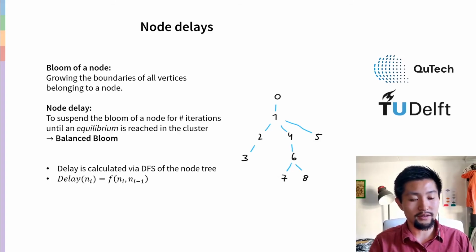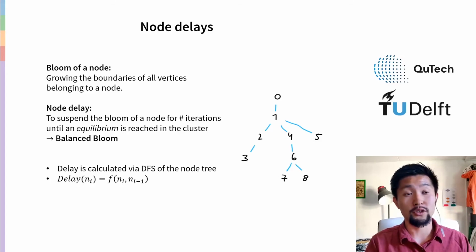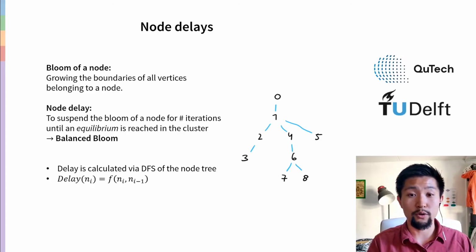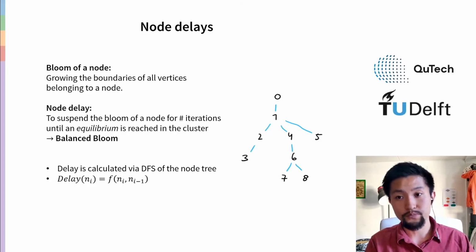So this idea is kind of reminiscent of weighted growth in the normal union-find decoder, except that now we're also weighing parts of the clusters as well. Recall that weighted growth is to grow the smaller size clusters first, and now with balanced bloom, we're growing the nodes with the smallest potential matching weights first.